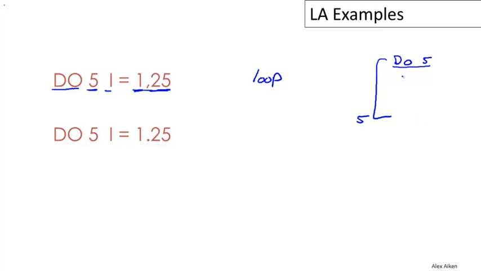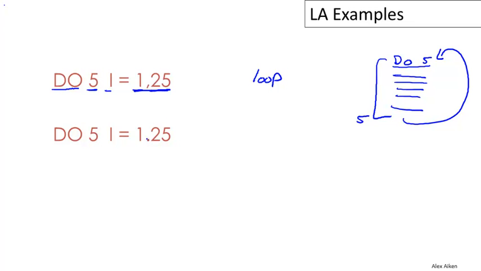Whatever statement was labeled with 5, all the statements in between would be part of the loop. The loop would execute those statements, then go back around to the header, and keep executing until it had done so for every value of the iteration variable, in this case 1 to 25.